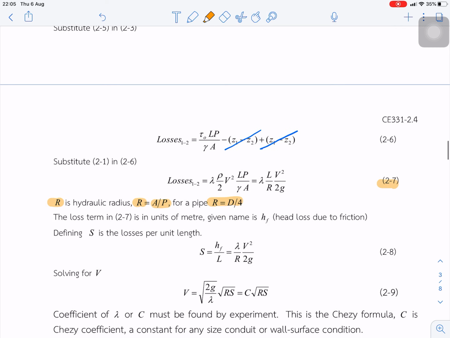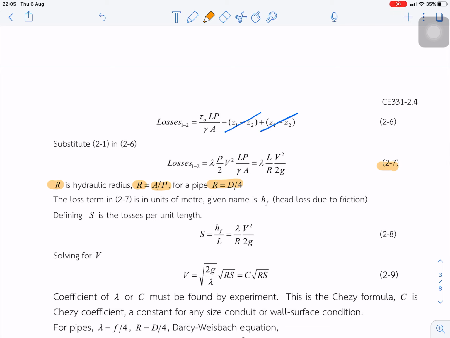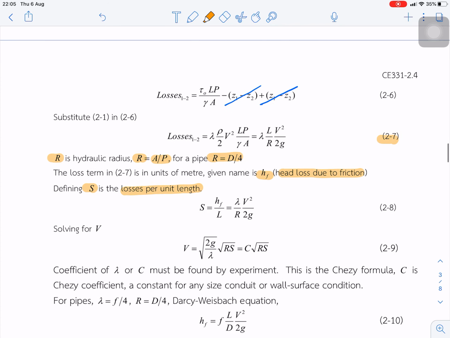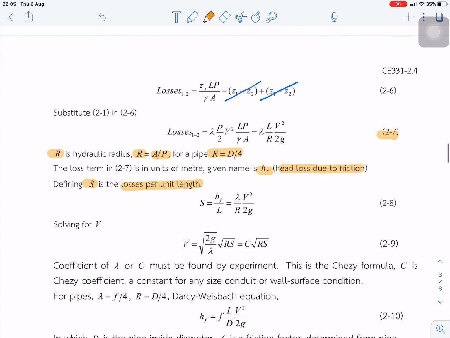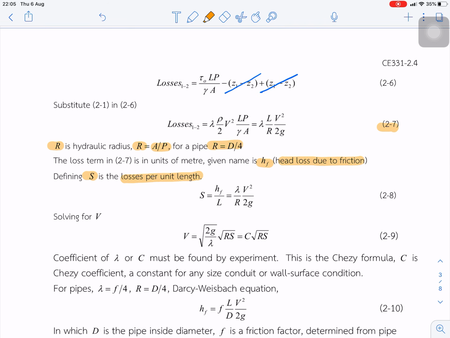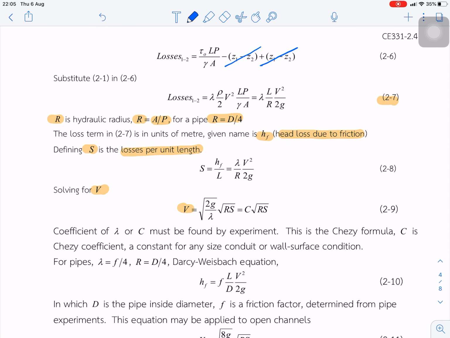The loss term in both equations has the unit of meter. We give it the name HF, the head loss due to friction, and define S as the head loss per unit length, like a slope.